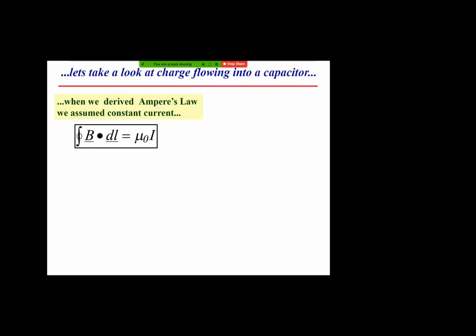So this is what we have. If we have a capacitor, and there's current going through here, that means there's electric current, then you will induce a magnetic field because of the current. As the charge builds up across the capacitor, an electric field is generated, okay.